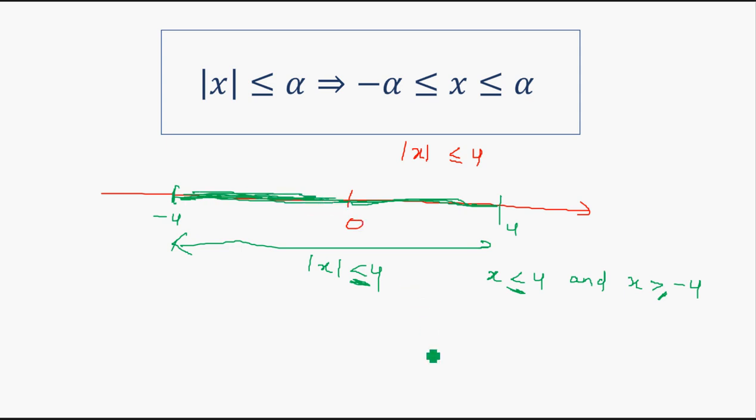So that can be represented in this form: minus 4 less than or equal to x less than or equal to 4. This is just one kind of representation. Basically it means all numbers whose absolute value is less than 4 come under mod x is less than 4. Okay, we'll take one more example for a little more understanding.